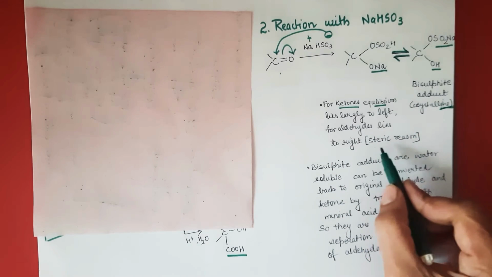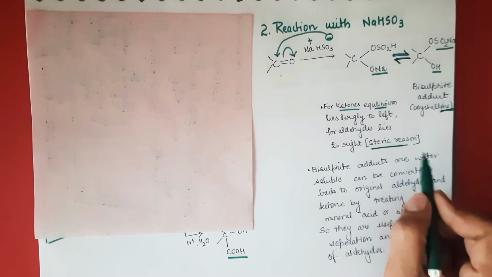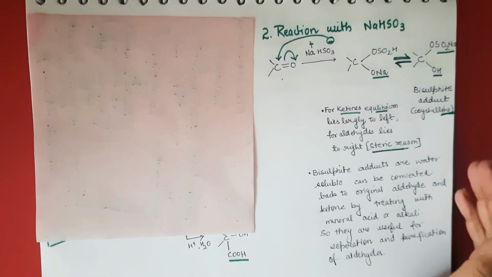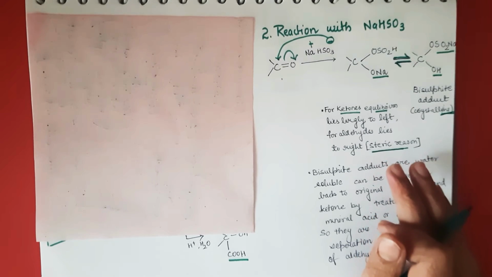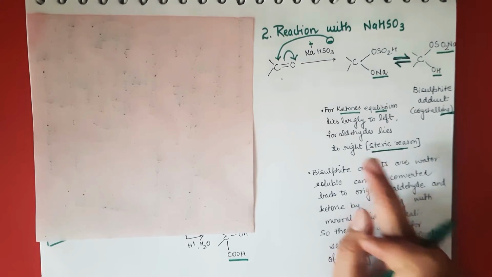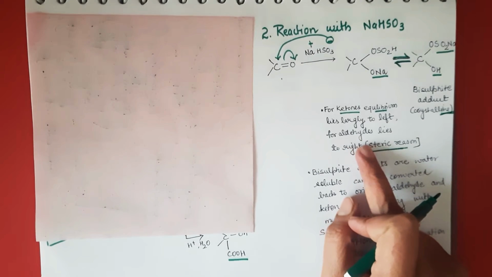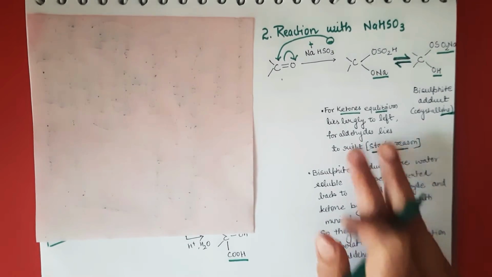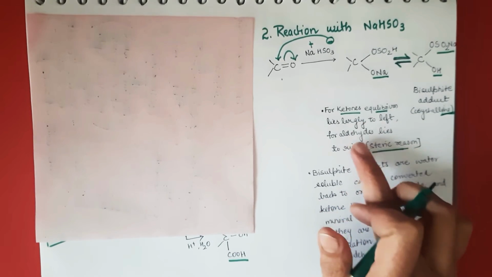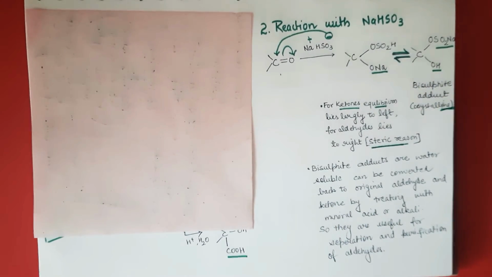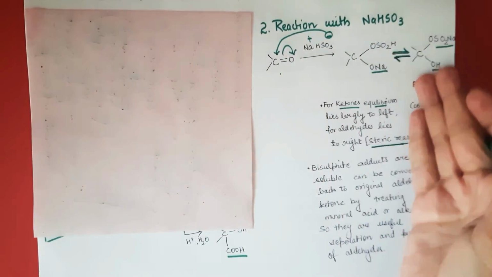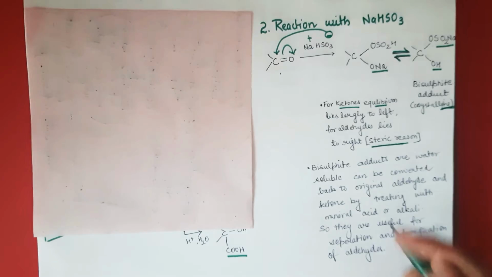Why is this so? The reason is steric, as we had discussed in nucleophilic addition reaction: due to steric effect and electronic effect, aldehyde always forms more product. It is more reactive in nature. So the equilibrium of aldehyde lies to the right hand side, and for ketone it remains toward the left.